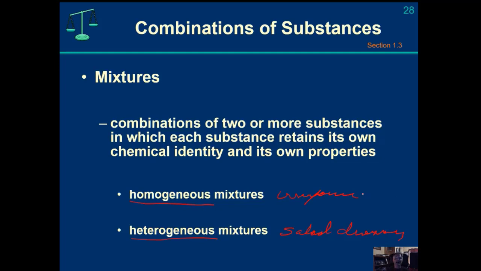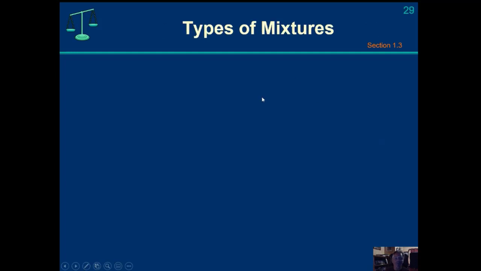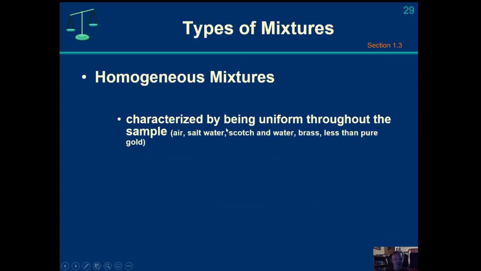So air, you're breathing air, which is 78% nitrogen, 21% oxygen. No matter where I take my air sample, that proportionality is the same, and that's uniform throughout the bulk of the mixture. Types of mixtures, as we said, homogeneous, characterized by being uniform throughout the sample.